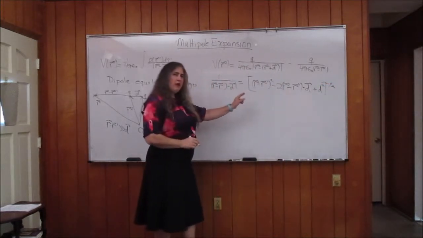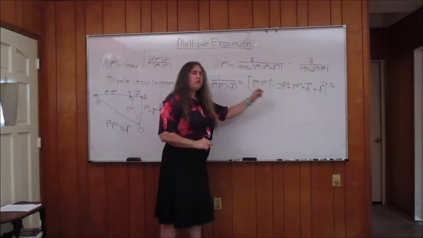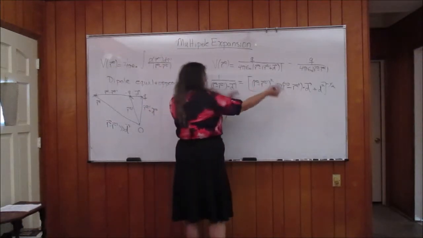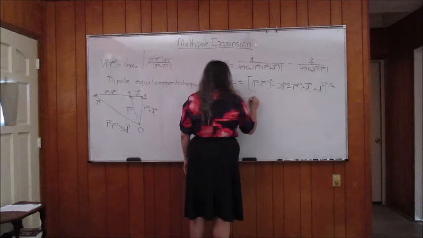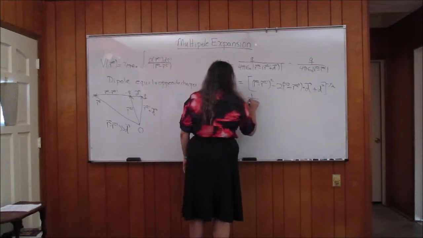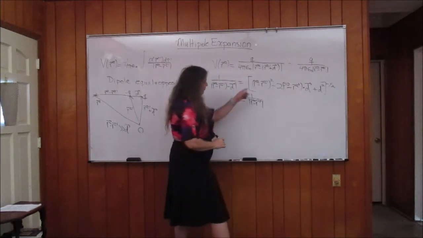I'm going to go ahead and factor out r minus r prime squared from each of these terms and pull it outside of the radical, so that'll be 1 over the magnitude of the separation vector.